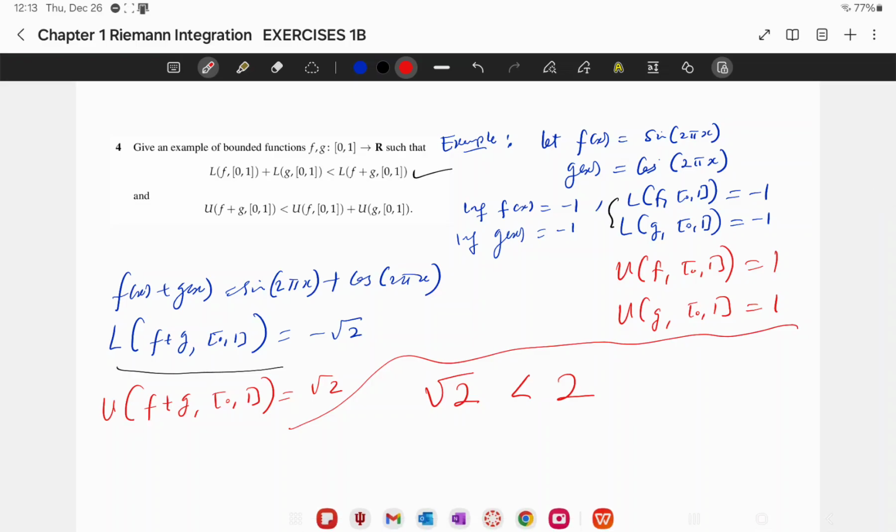So lastly, let's check the last exercise, then we are done for this section 1p. Then in our next video we go straight to measure.